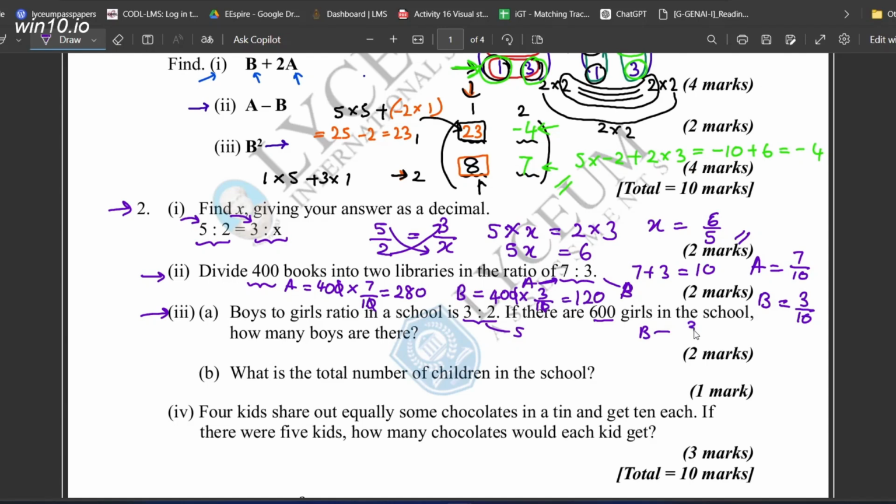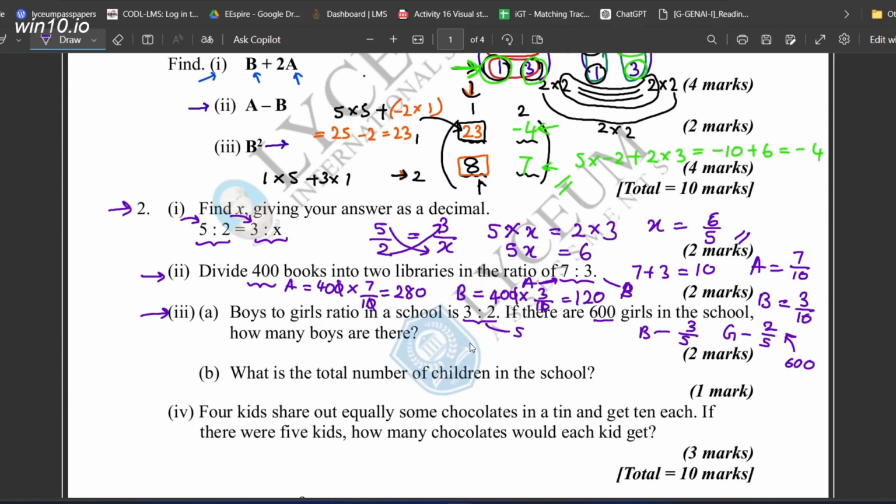So that's 3 over 5. Fraction of girls in this school is 2 over 5. So they are saying that the number of girls is equal to 600. Okay. So 2 out of 5 is equal to 600.